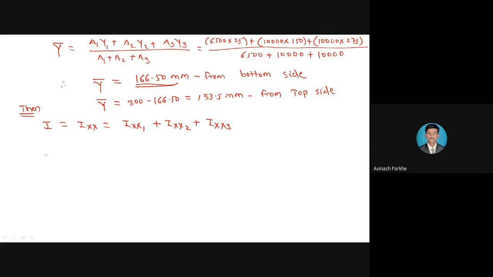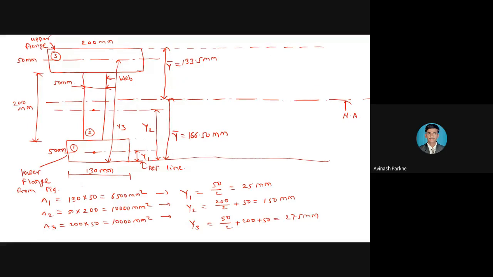Now, first of all, find out Ixx1. Ixx1 is equal to, we have the formula, BD cube by 12 plus A1 in bracket y bar minus y1 bracket square. Now, please tell me what is the B of section number 1 and what is the D of section number 1?